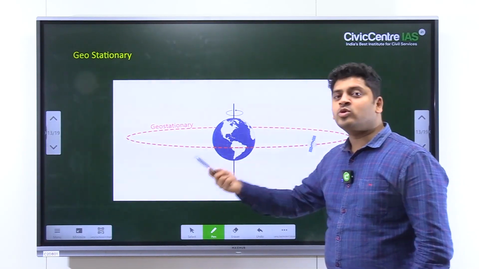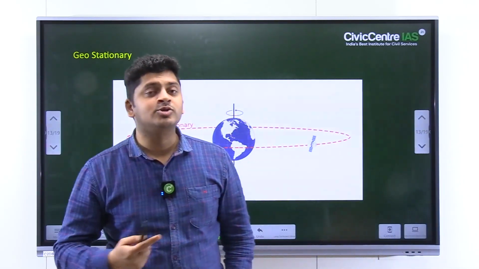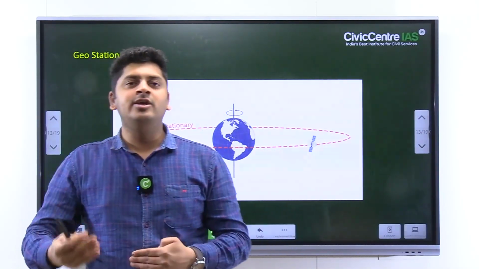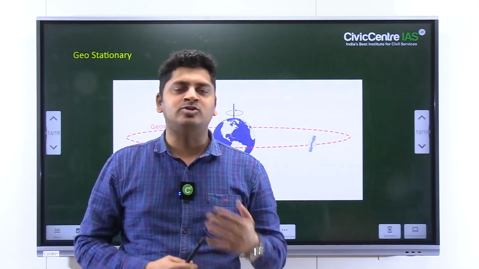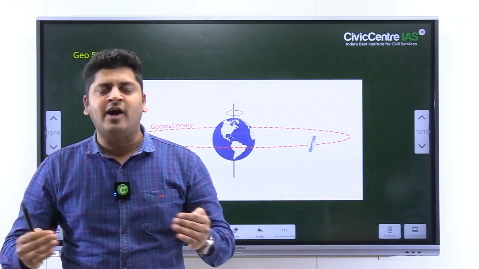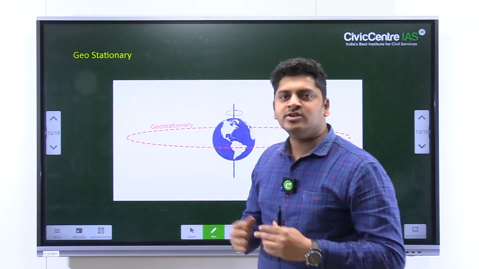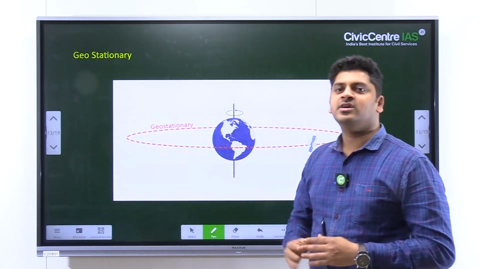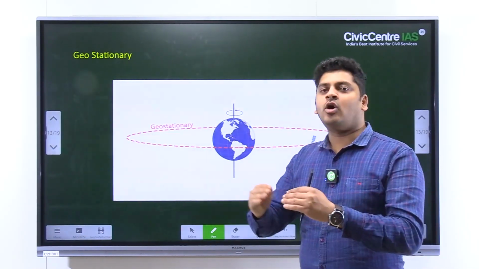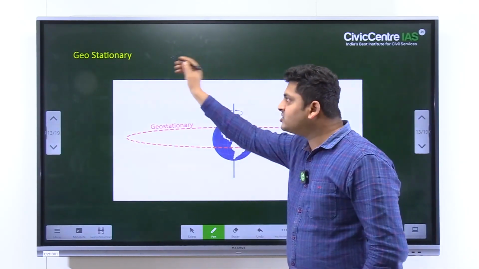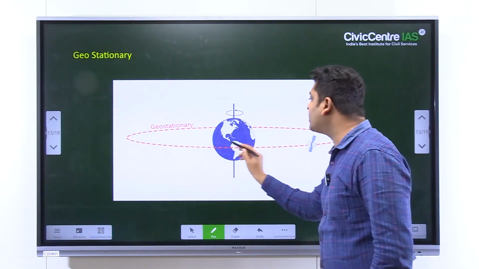Now, there is one more orbit called the geostationary orbit, and you might be getting confused because these words are mostly used interchangeably in many newspapers and websites. But there is a very fine difference between these two orbits. The geosynchronous orbits need not be parallel to, or on the same line with, the equator of the Earth, whereas the geostationary orbits are always parallel to the equator.